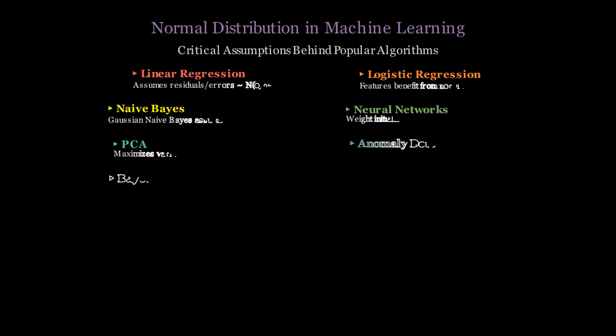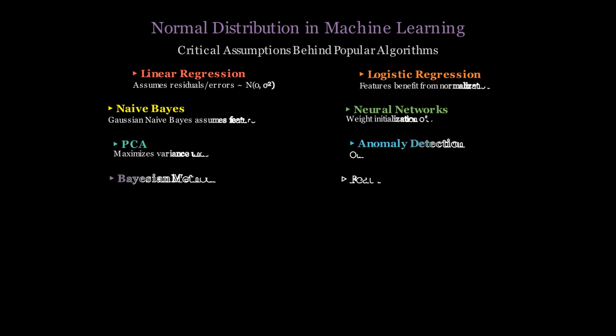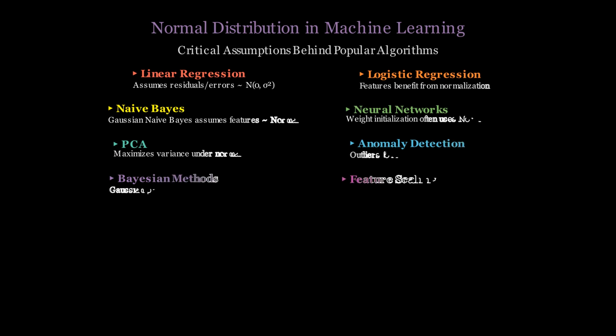Neural network weight initialization often uses a normal distribution. Techniques like Xavier and He initialization draw weights from carefully scaled Gaussians to prevent vanishing and exploding gradients. Principal component analysis assumes normally distributed data to maximize meaningful variance.